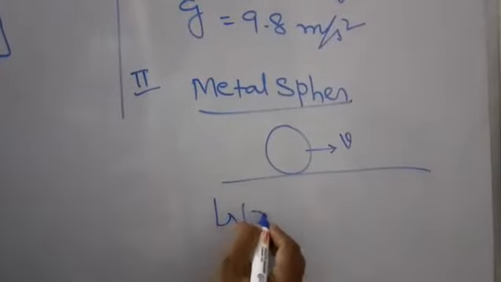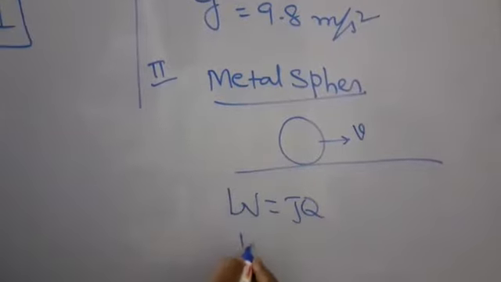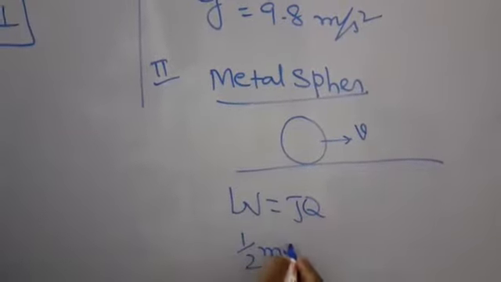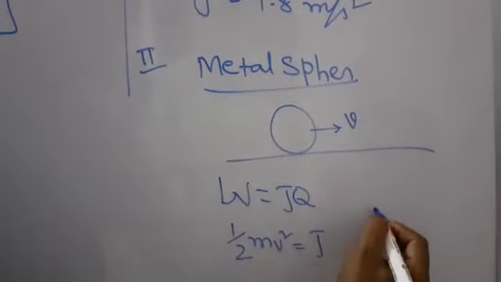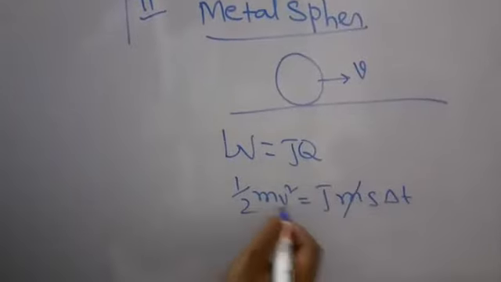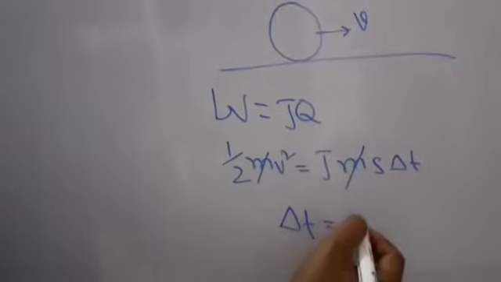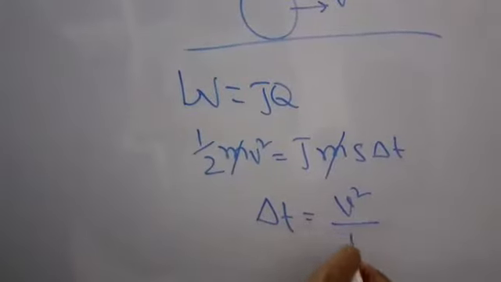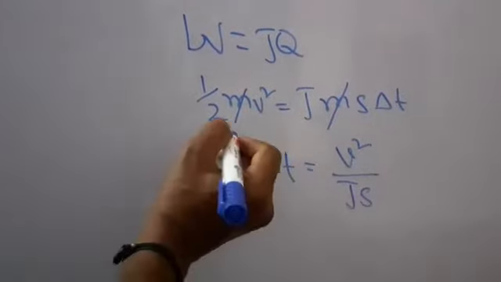Work done is equal to J into Q. The work done is stored in the form of kinetic energy, half m v square is equal to J into Q, which is nothing but m s delta T. m gets cancelled. So delta T is equal to v square divided by 2 J s.